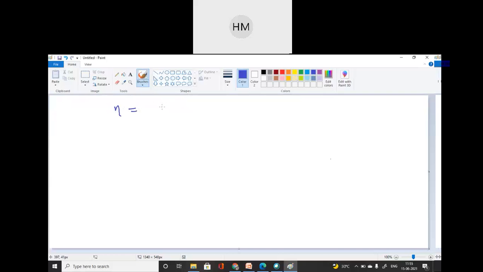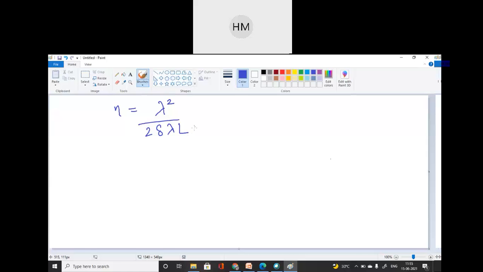Circuit diagram we have drawn. The refractive index of the active medium at the peak gain wavelength is given by this formula: 2 del lambda L. Lambda is the wavelength, L is the length.